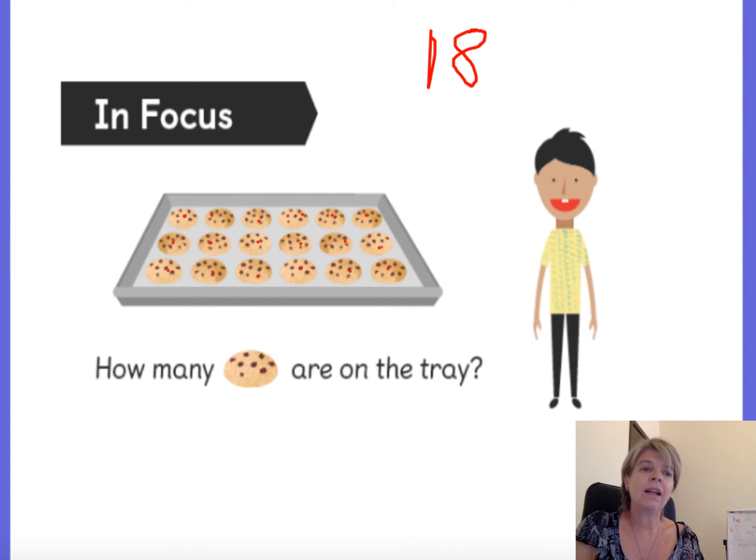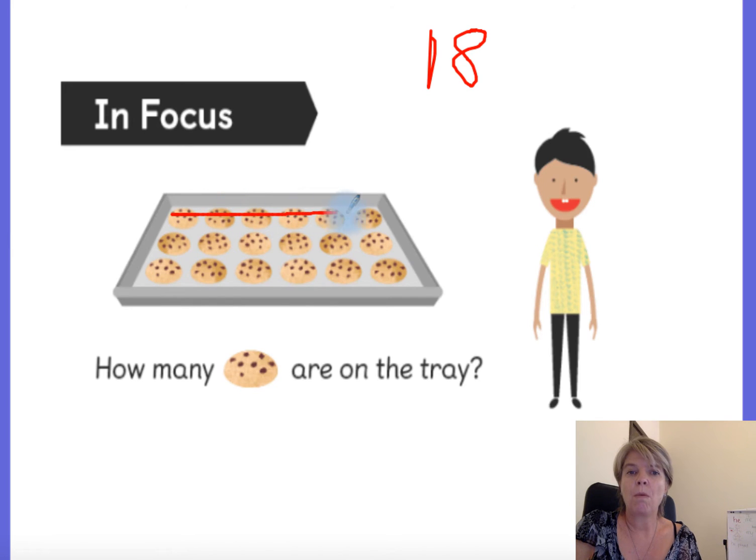If you did it like that, that's okay. But for today, what we're learning is to do it by counting the rows, because that makes it much faster. So the quickest way to do it is to count the rows. How many rows are there of cookies?